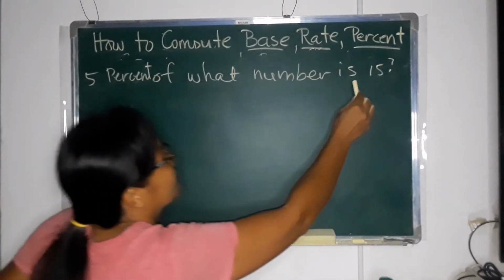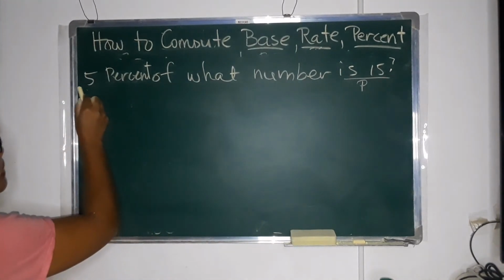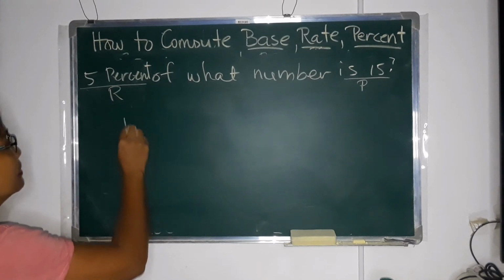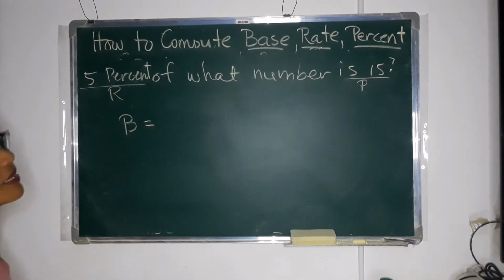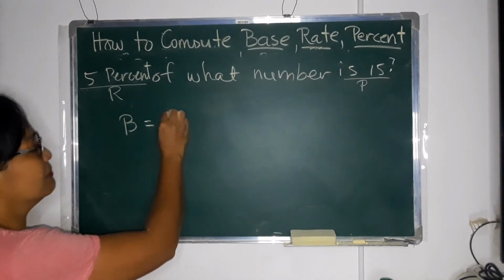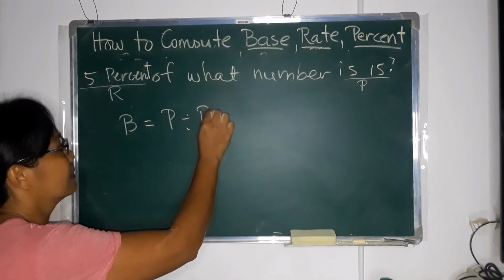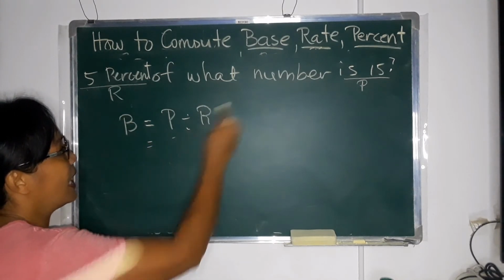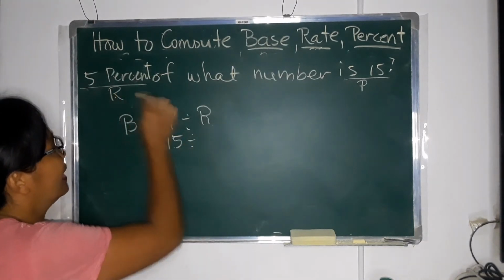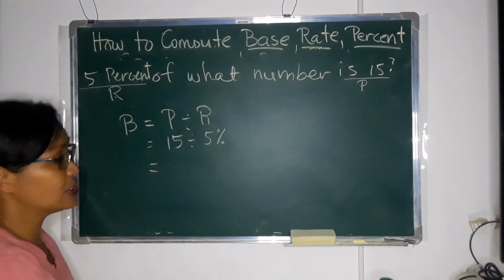Okay. 15, that is P. 5% is our R. Therefore, we're looking for the B. So again, B is equal to P divided by R. So ang ating P ay 15. Ang ating R ay 5%. So palitan natin siya.